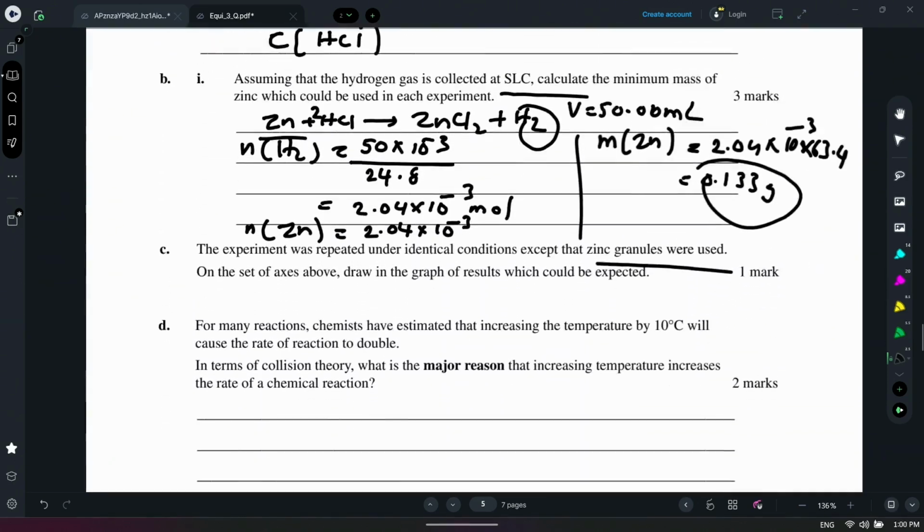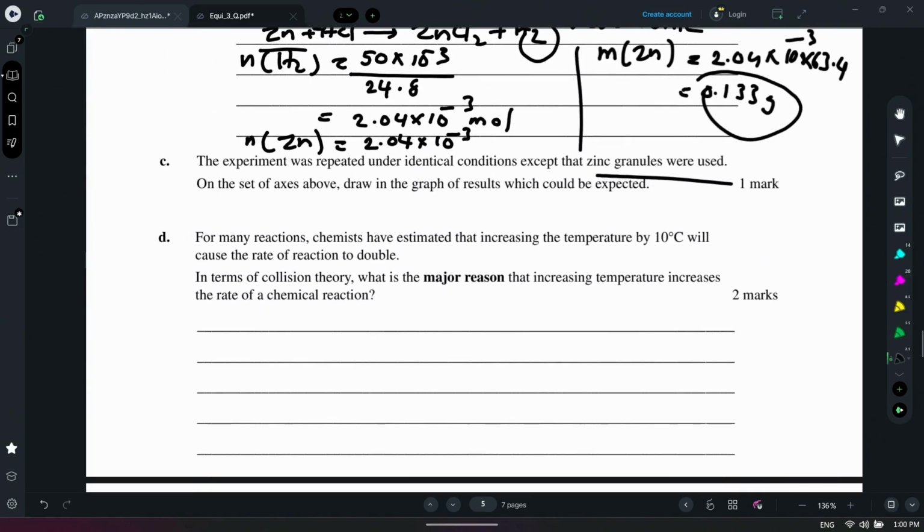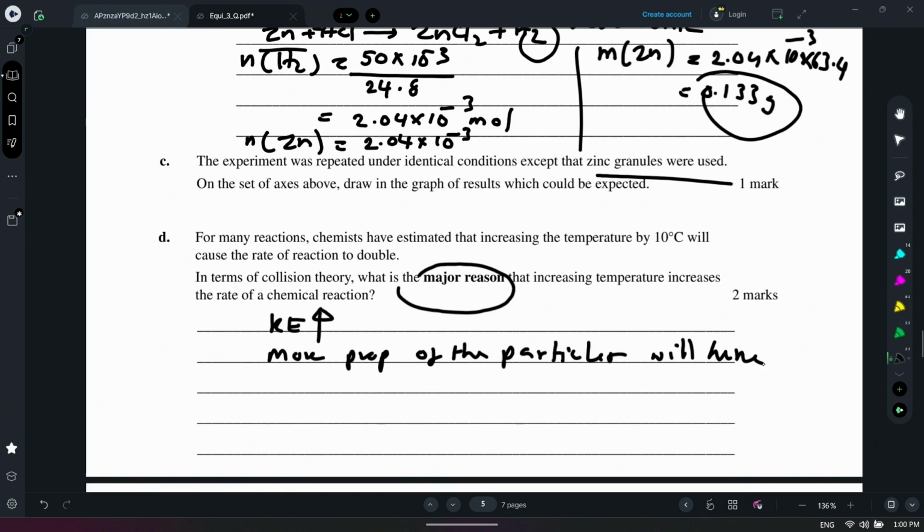Then the next one: in terms of collision theory, what is the major reason for increasing temperature? What are the important things you need to say? You have to say the kinetic energy of the particles will increase, then a greater proportion of the particles will have energy higher than the activation energy.